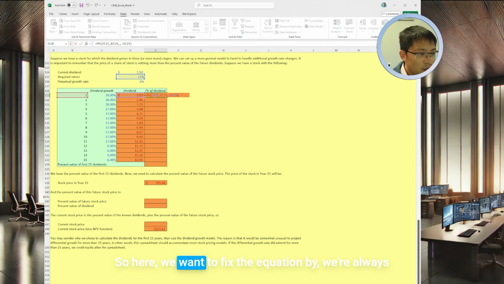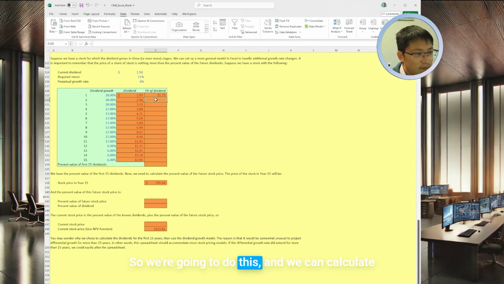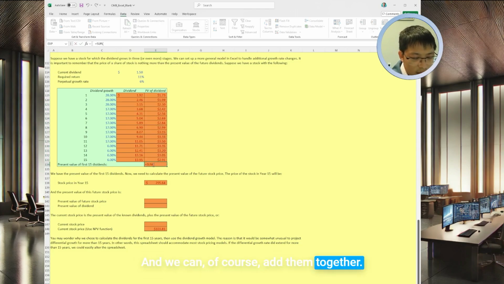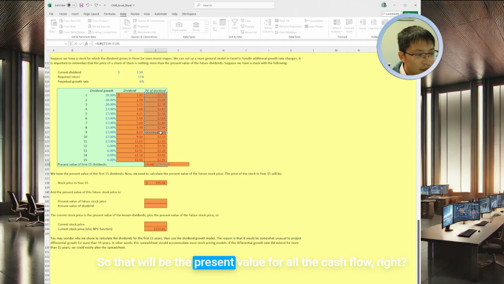But here we also fix the reference, we always use this and fix it, and we can add them together. So that would be the overall sum.